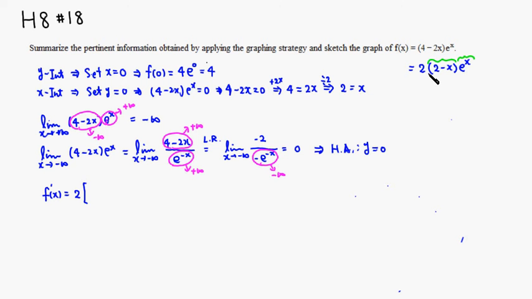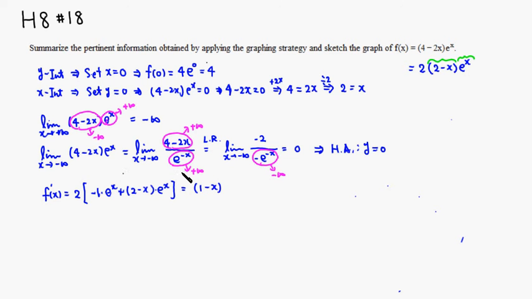The derivative of the first guy would be negative 1, times the second guy, e to the x, plus the first guy, 2 minus x, multiplied by the derivative of the second guy, which is e to the x. So this is going to be equal to negative 1 plus 2 is 1, minus x.